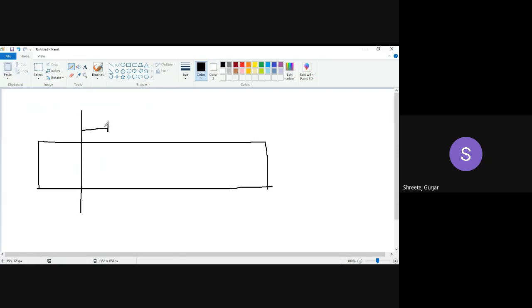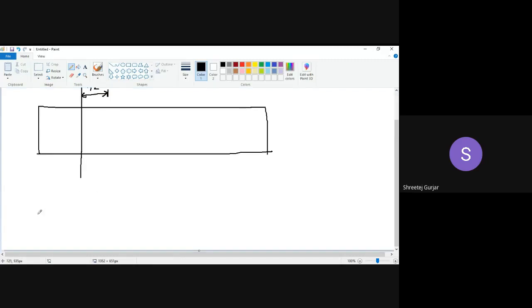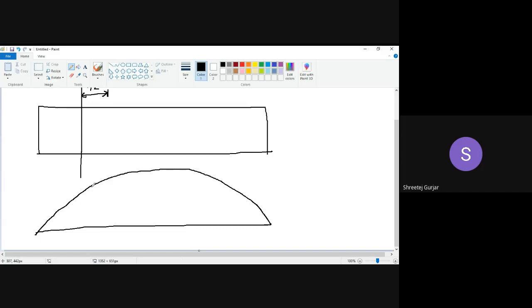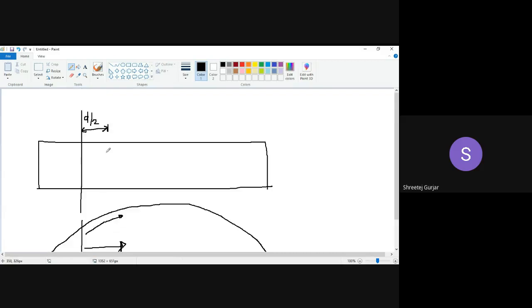This is distance d by 2, and this is your bending moment diagram because it is having a UDL throughout. So moment is increasing in which direction? In this direction your bending moment is increasing, and it goes on increasing. So it is equal in this direction.